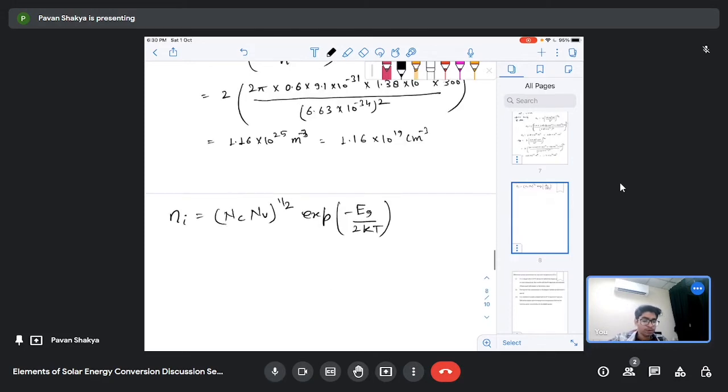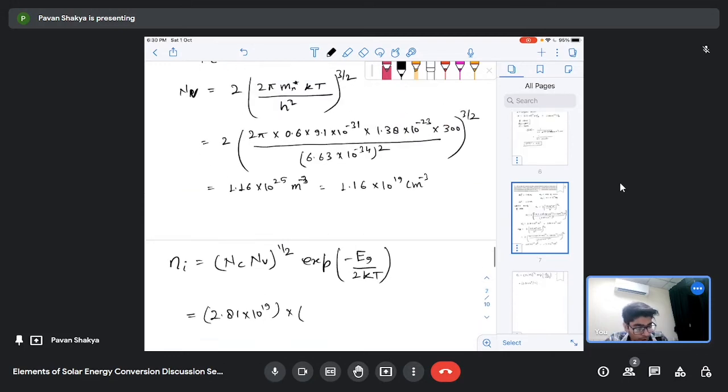So Eg, we will use the general value of Eg for this silicon semiconductor. NC we have calculated as 2.81 into 10 to the power 19, and this NV value is 1.16 into 10 to the power 19.